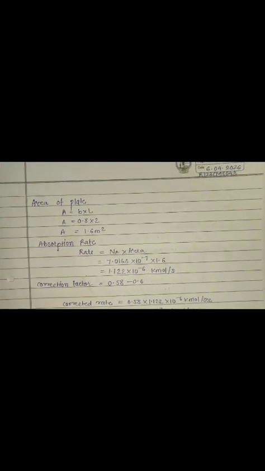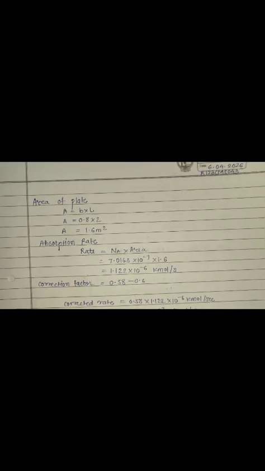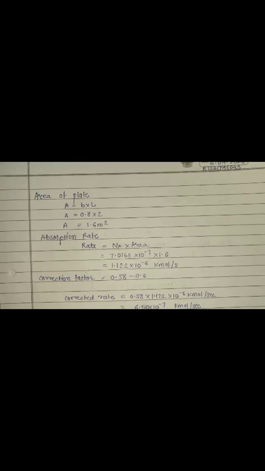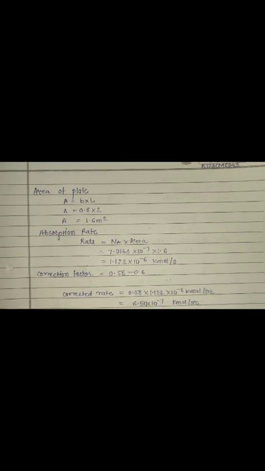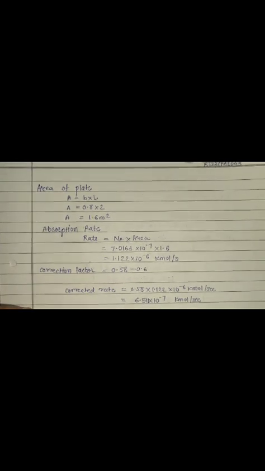As we have seen, first we will calculate the area of the plate by multiplying length into breadth. After calculating the area, we will multiply it by NA to obtain absorption rate.